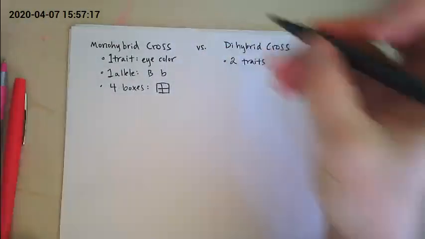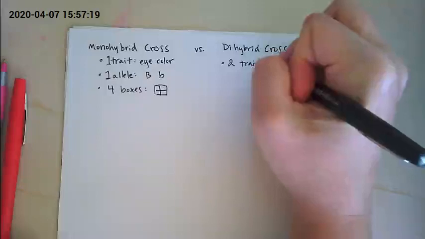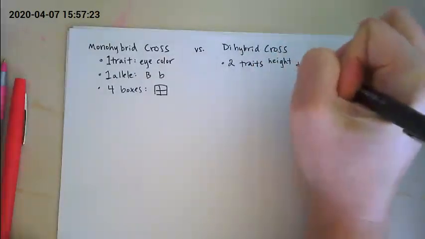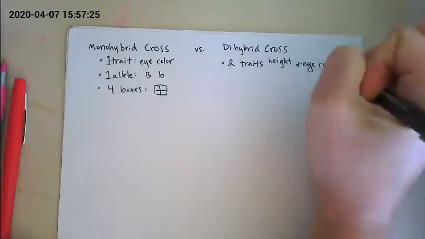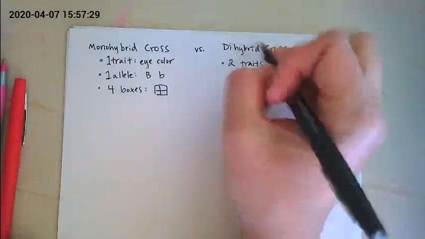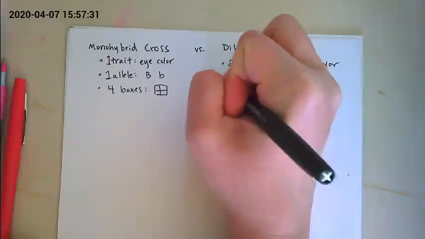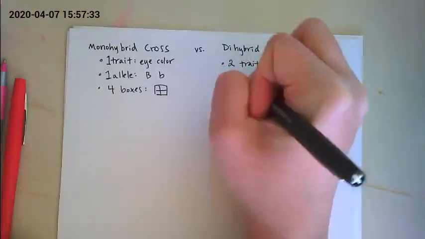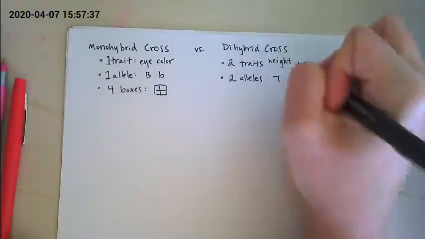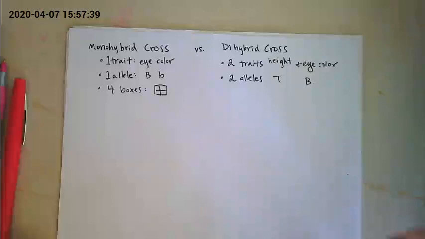A dihybrid cross you will use when you are looking at 2 traits. So let's say we want to see what happens with height and eye color. Someone's tall with brown eyes. How's that cross going to go? We're going to use 2 alleles. For height, maybe we're going to use T's, and for eye color, we're going to use B's.